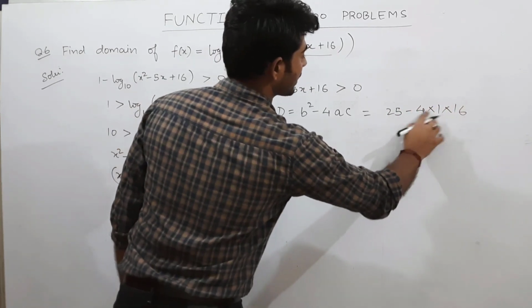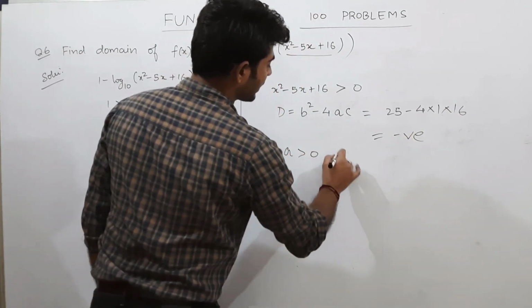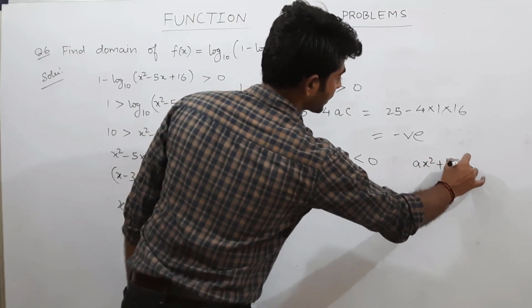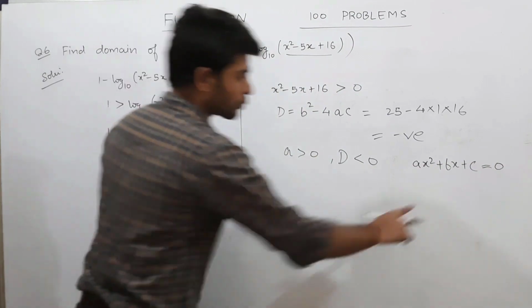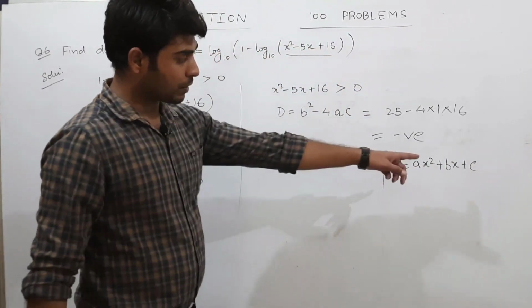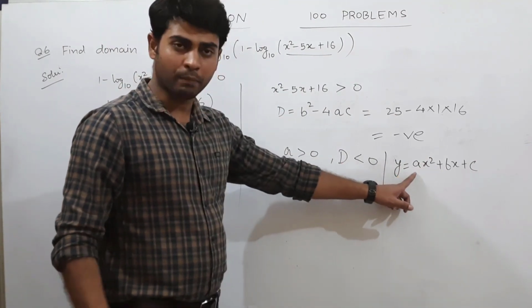So you can see this entire value is coming negative, meaning a greater than 0 and discriminant less than 0. In ax square plus bx plus c equal to 0, it's a quadratic. If we write the expression, y is equal to ax square plus bx plus c. Here a is greater than 0, d less than 0, meaning the graph will be a parabola.